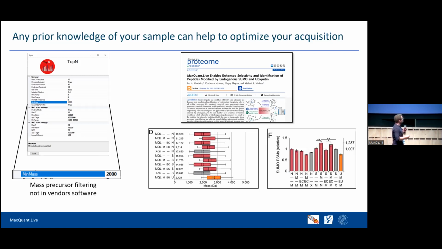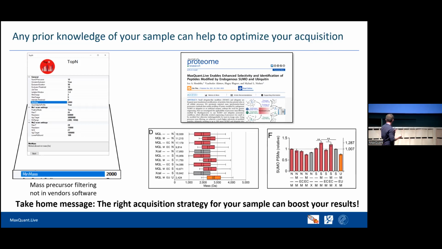They could increase their PSMs significantly, by 29%. Okay, so what did we learn? It can help to think about your acquisition strategy, not only using MaxQuant.Live, but also really going through the settings of your instrument and seeing what you can do better.